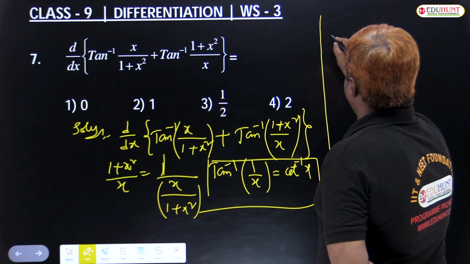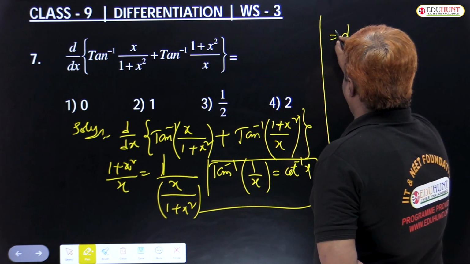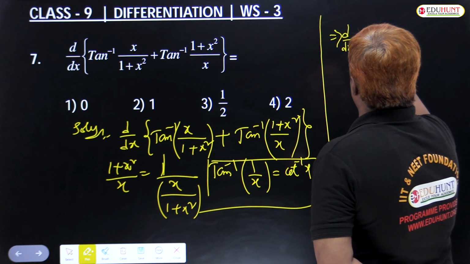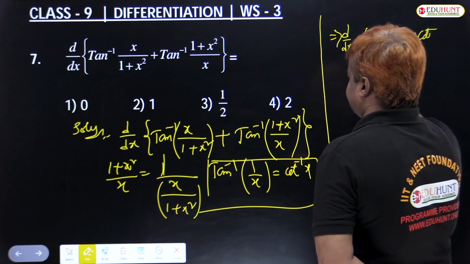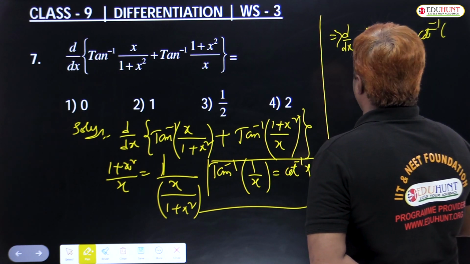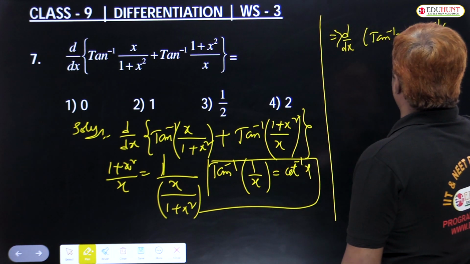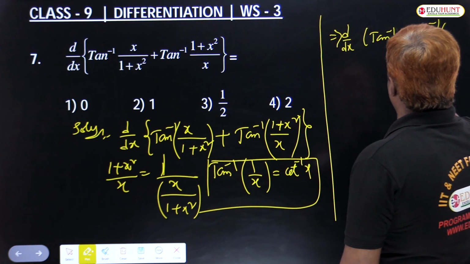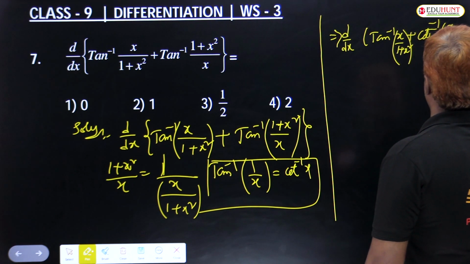You can write it as d by dx of tan inverse x plus cot inverse of x by 1 plus x square. Here x means x by 1 plus x square, so now cot inverse of x by 1 plus x square.